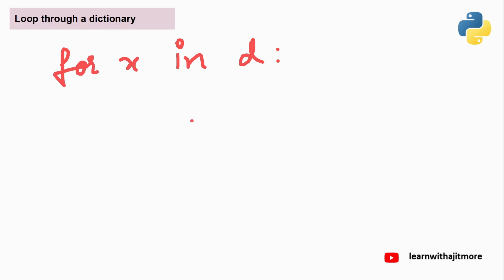One by one, the keys will be given, not the value. Then while printing, you can print D of X. As X is anyway going to be the key, you can mention that key here in the square bracket, you will get value for it.